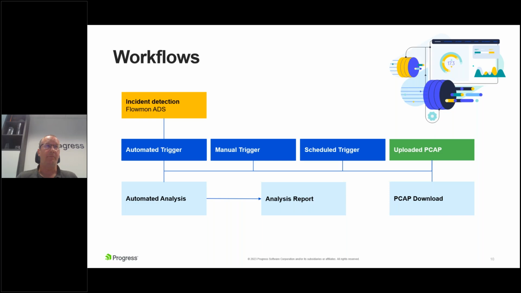There is also the API option for an automated trigger, which is, for example, something that we use internally to integrate our anomaly detection system, our network detection and response capabilities, with the Flowmon Packet Investigator to be able to capture traffic that is identified as malicious.